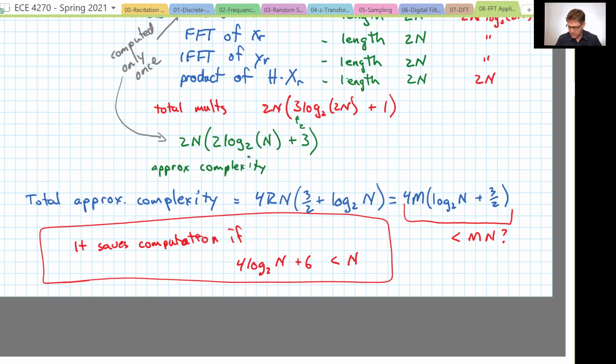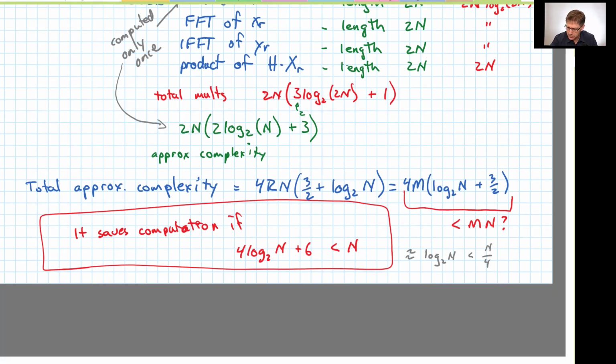When n is, let's see, approximately, we want log 2 of n to be less than n over 4, approximately, and this will happen somewhere around n equal to 8. In practice, I wouldn't probably go this way until n was 32 or 64 or something like that. And then you'll start to see some big savings.